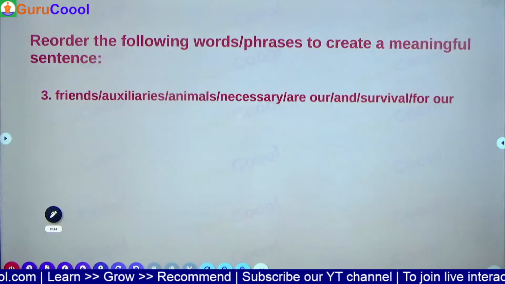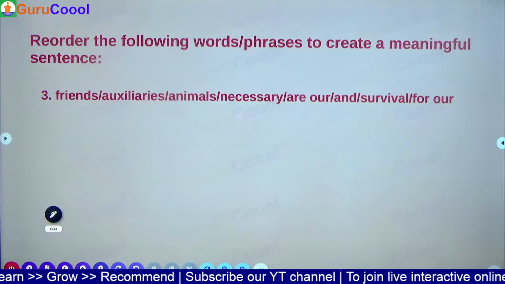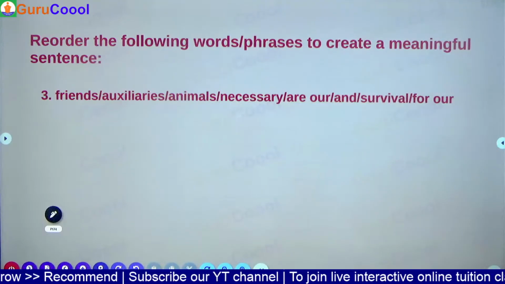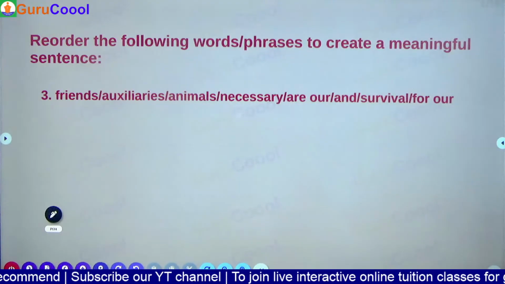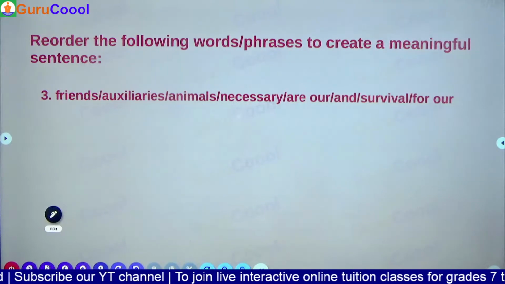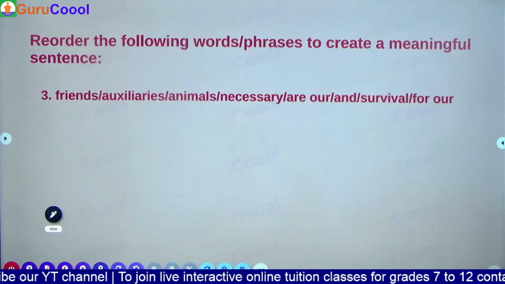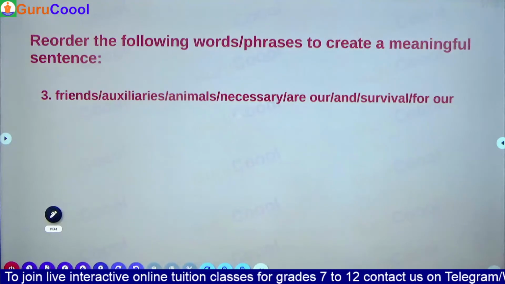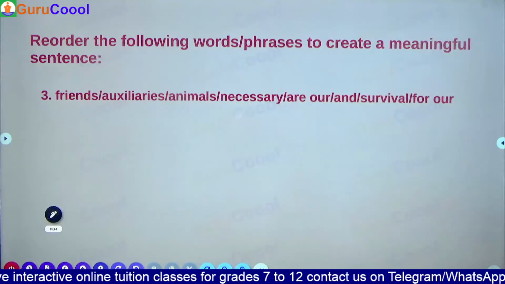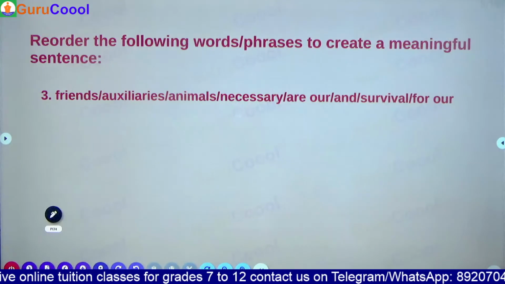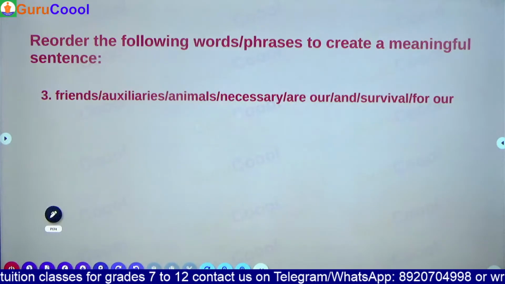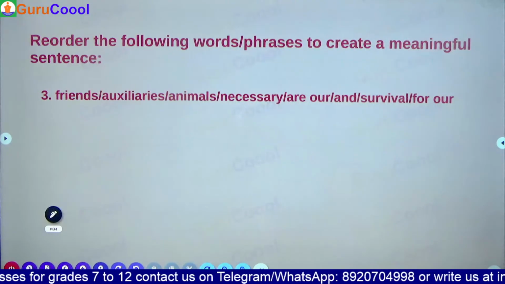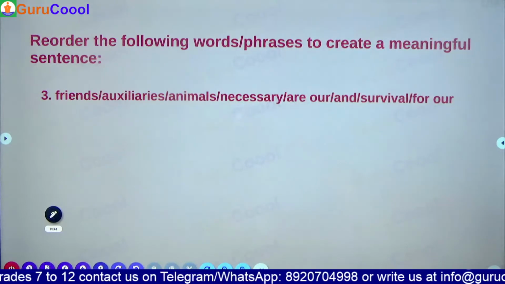Animals are our friends and necessary for our survival. Okay, Pragyansh. Friends, auxiliaries, and animals are necessary for our survival.